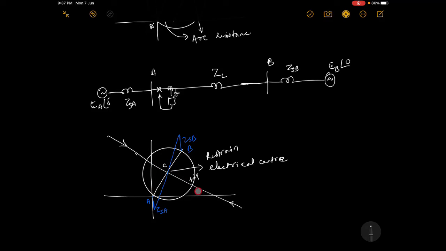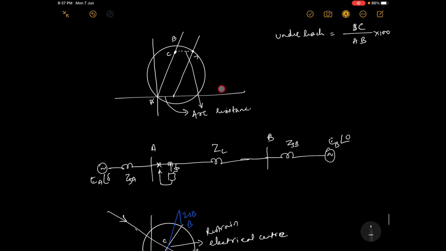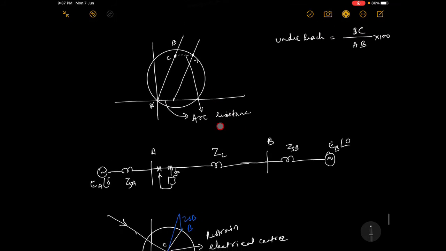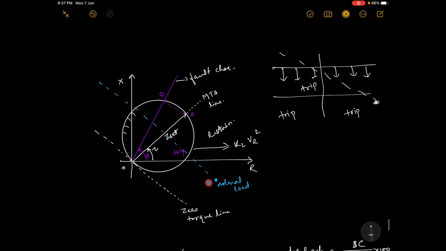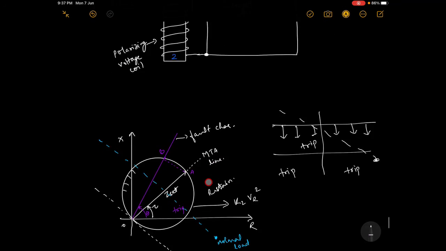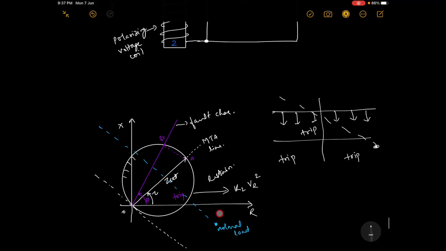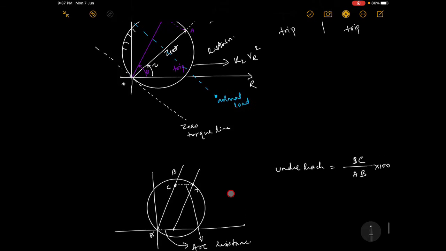And since the resistance is less, the effect of power swing is less here. The effect is very less. The only disadvantage is due to arc resistance. Otherwise, for this power swing and this normal load line, it is a good thing.